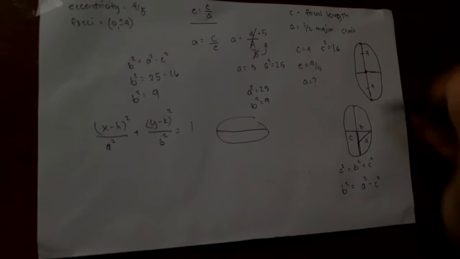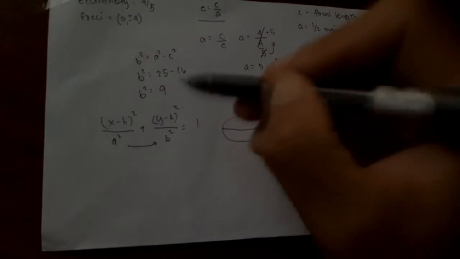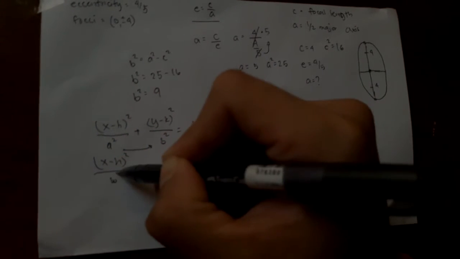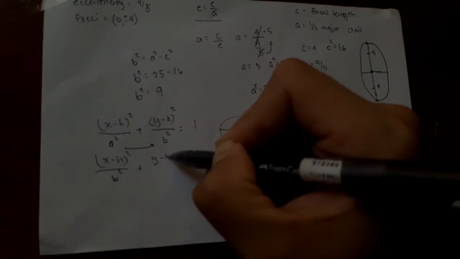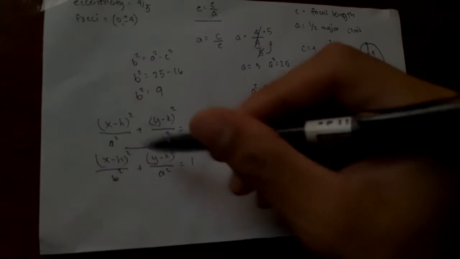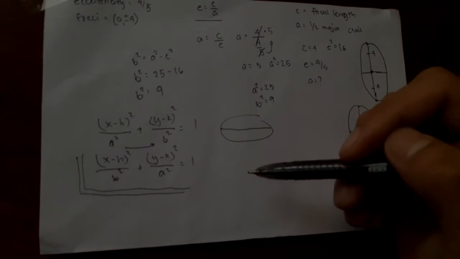But our ellipse is vertical, so the A squared would be here. Our equation would be x minus h squared over B squared plus y minus k squared over A squared equals 1.